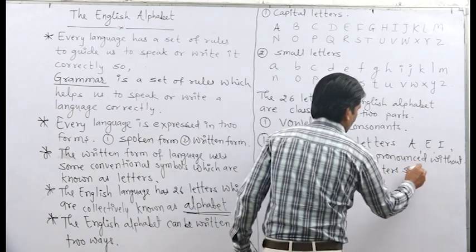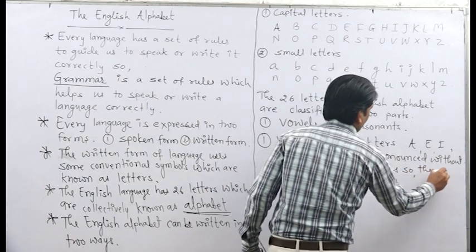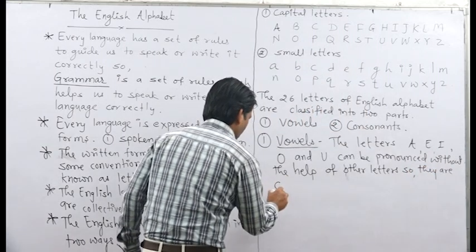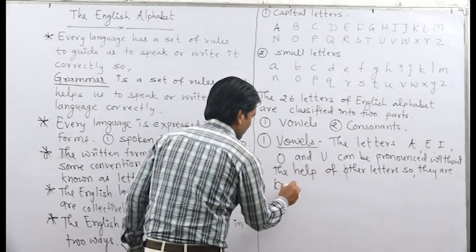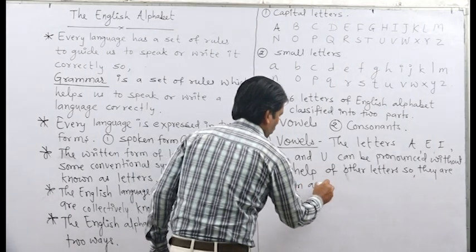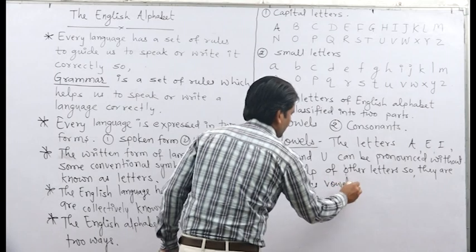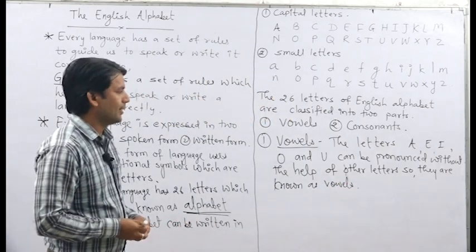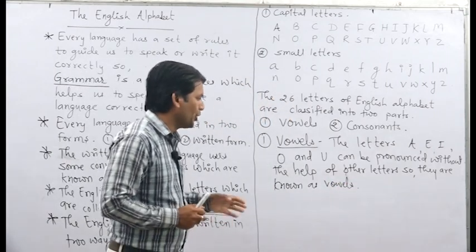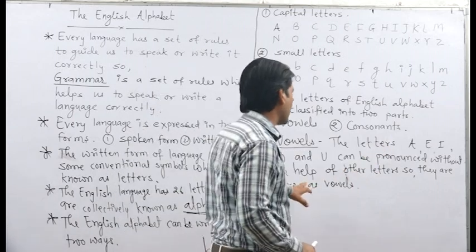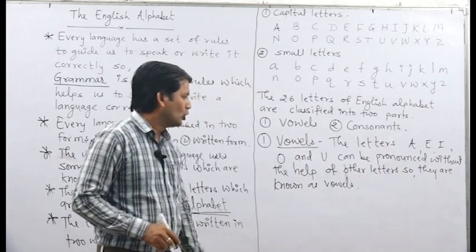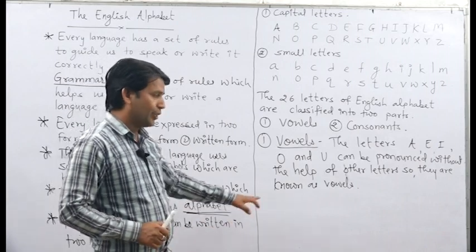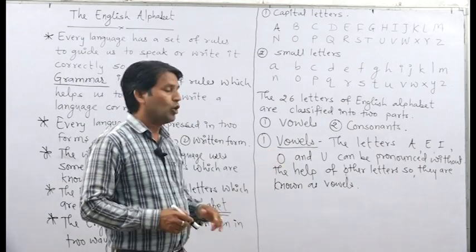So they are known as vowels. These 5 letters, the letters A, E, I, O, U can be pronounced without the help of any other letters. So they are known as vowels. These 5 letters are vowels.